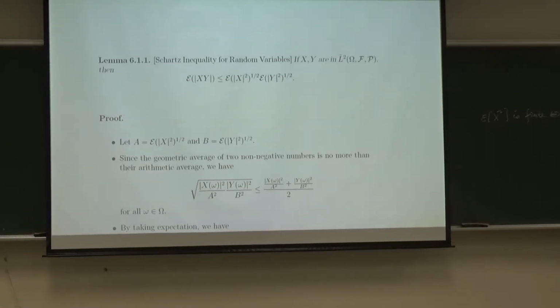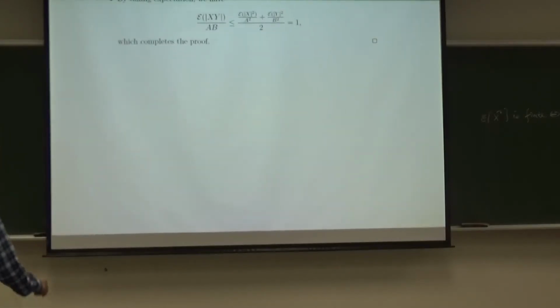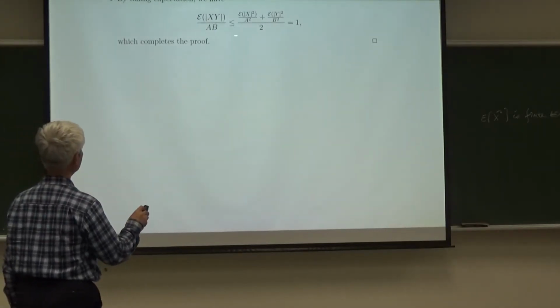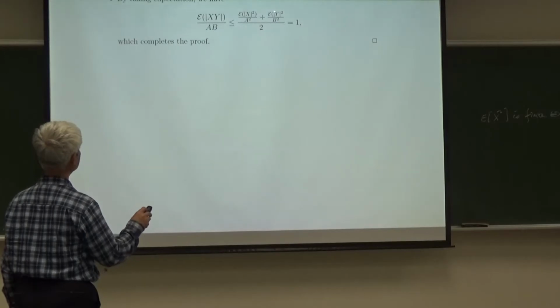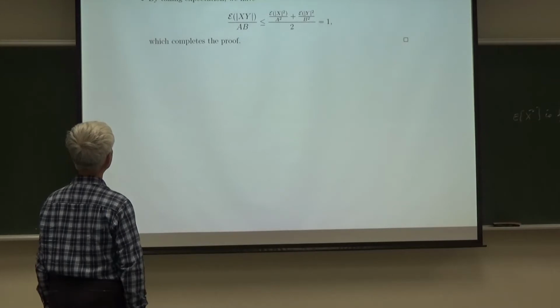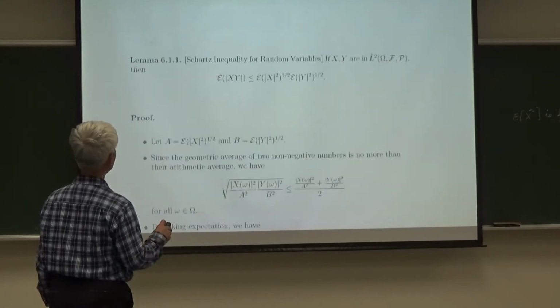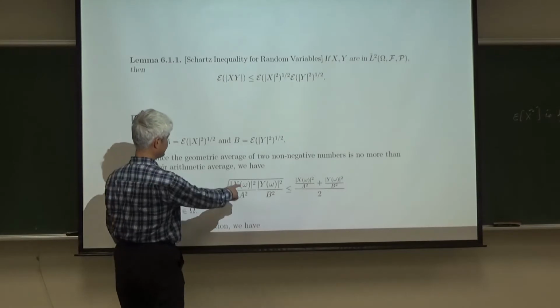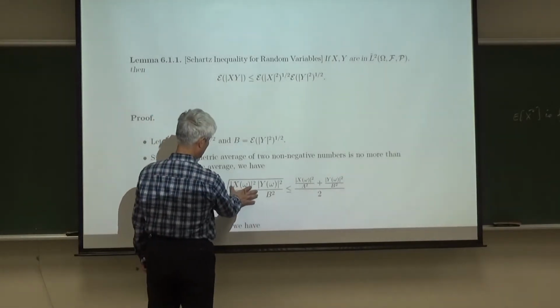So this is just numbers here. And now if we check the expectation, we have this here. Okay, and we complete the proof. Because you see, this is a square, right?